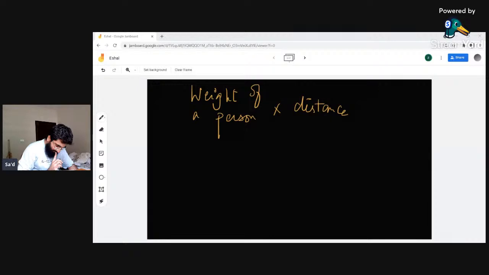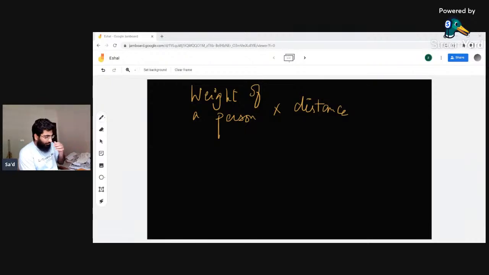But wait, this could be one of the ways: let's say there is no energy loss to friction or air resistance. Every person has their body weight and has to drag their body weight as they run.